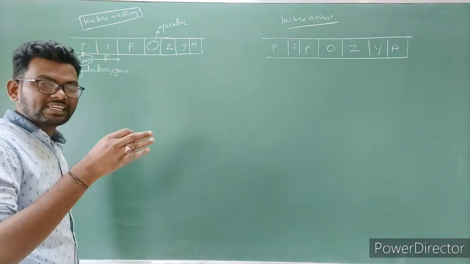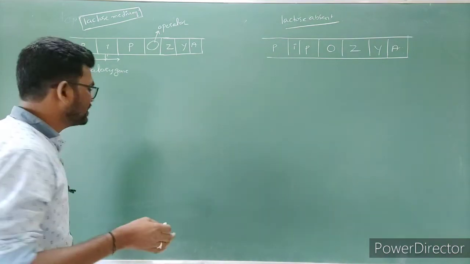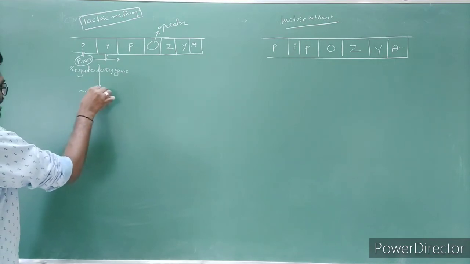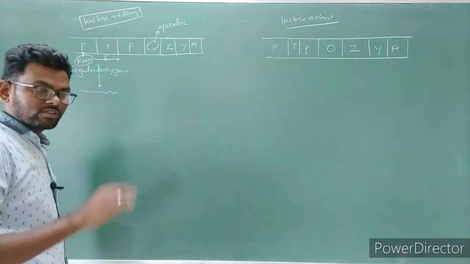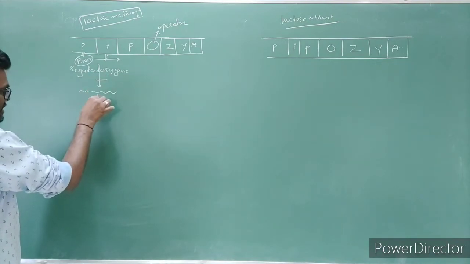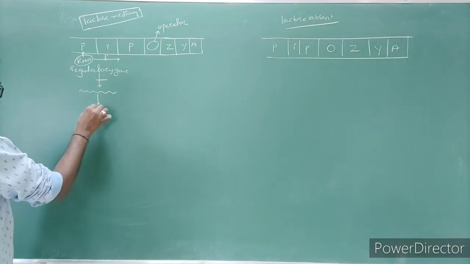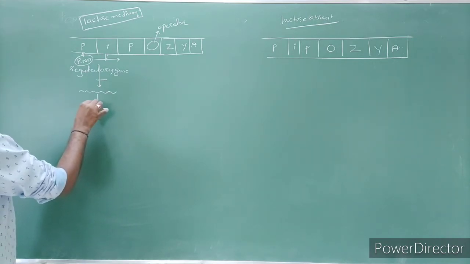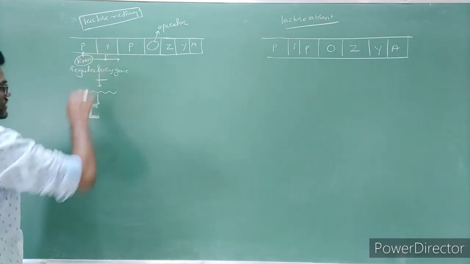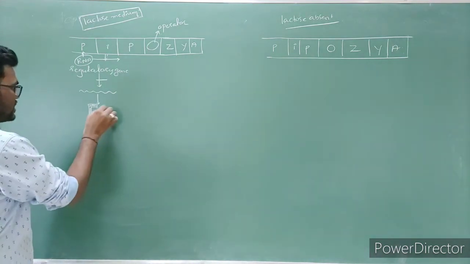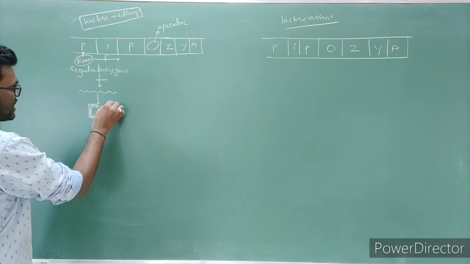The regulatory gene is transcribed into one mRNA, and translation forms one protein. This protein is the product of the regulatory gene, the regulatory protein, which we can call a repressor.